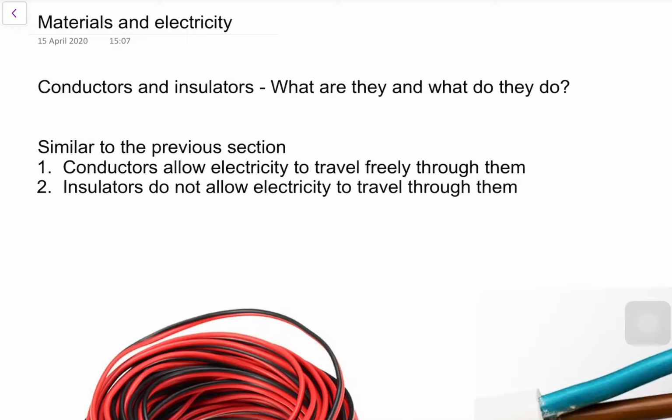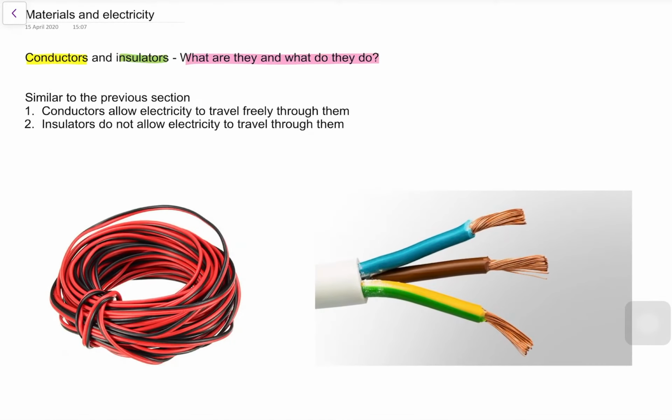Similar to the other section, we have these two things, conductors and insulators. Again, we are thinking about the question, what are they and what do they do? If you can recall, the definition for conductors or insulators in the previous section was how easy or difficult it is for something to pass through a material.